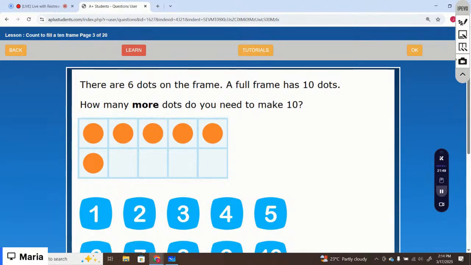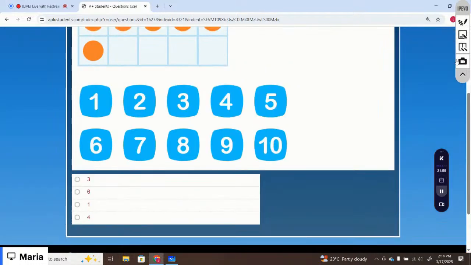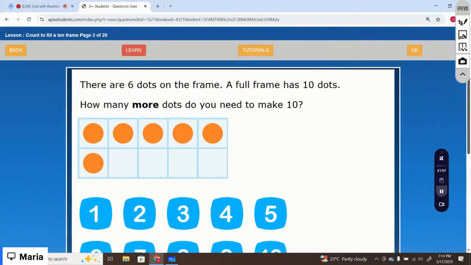There are one, two, three, four. 4 dots more to complete the frame. The correct option is frame 4. The last option is the correct option.